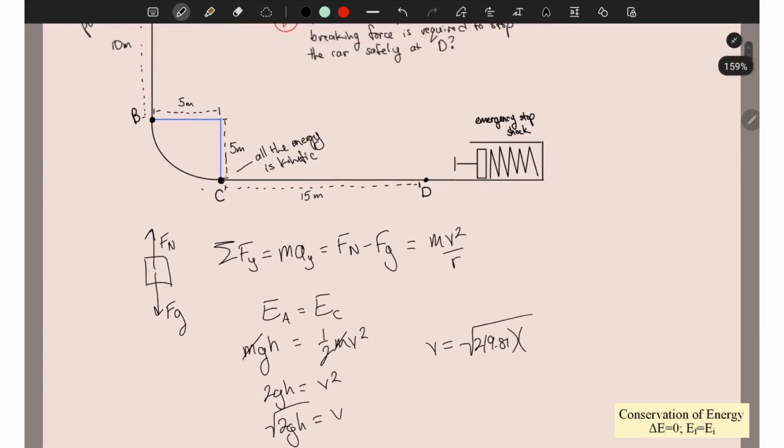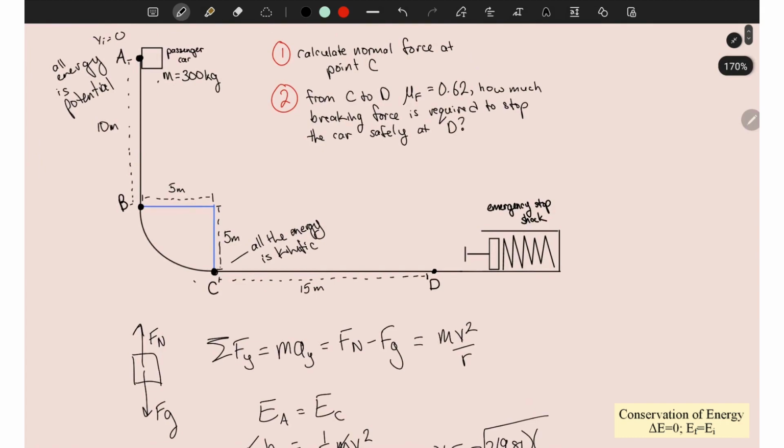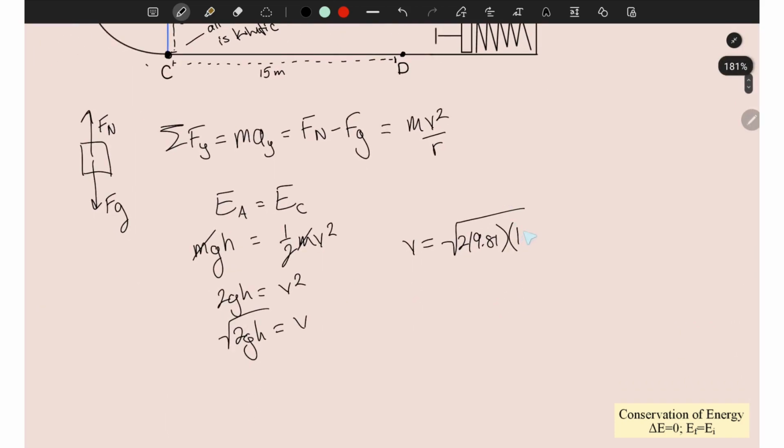Our height, if we go back up here, this distance is 10 from A to B, and then from B to C, it's 5 meters. So it'll be 15 meters. If we do this calculation, we're going to get that our speed is 17.16 meters per second. Also note, I didn't put in the units here, but our units on gravity are, of course, meters per second squared. So this is our speed.